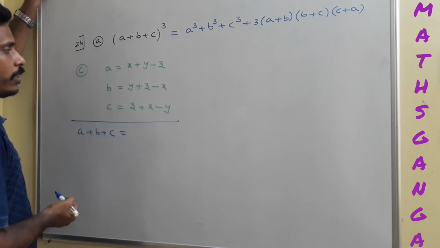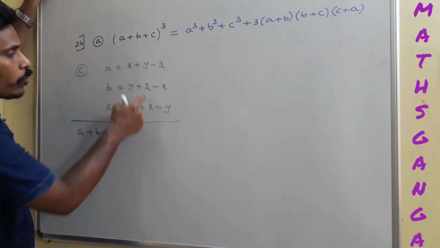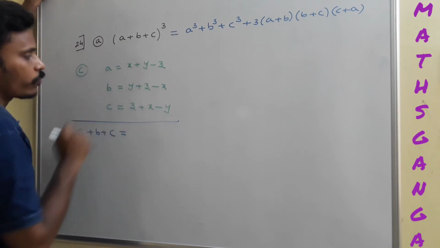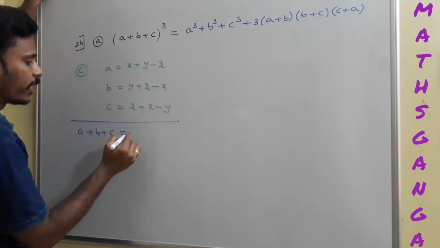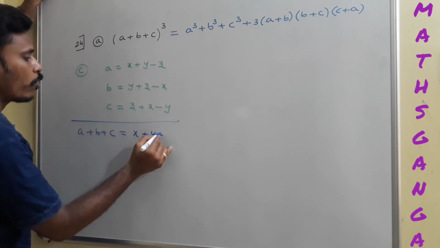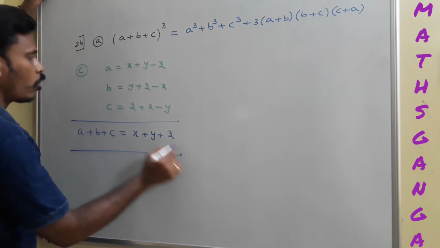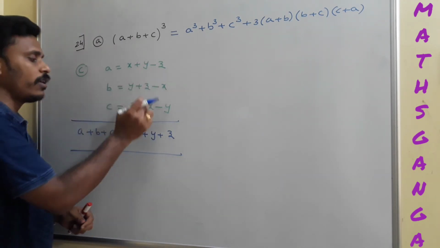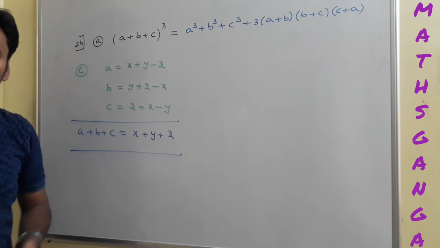X and minus X will get cancelled, Y and minus Y will get cancelled, Z and minus Z will get cancelled, and you are left with X plus Y plus Z. So A plus B plus C is X plus Y plus Z.